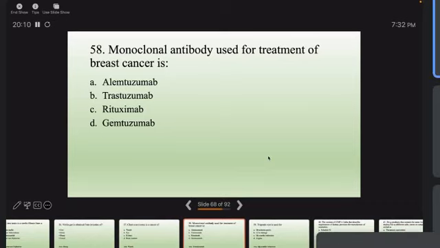Trastuzumab. Okay. Prabhu says it is rituximab. I think in the beginning of the class I used the term rituximab. For what treatment is rituximab given, if anyone remembers?